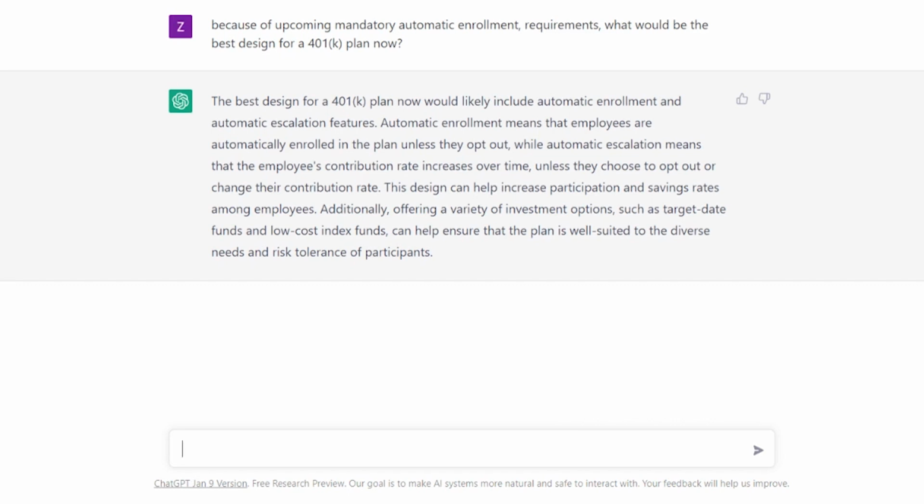Automatic unless they choose to opt out or change the contribution rate. This design can help increase participation and savings rates among employees. Additionally, offering a variety of investment options such as target date funds and low-cost index funds can help ensure that the plan is well suited to the diverse needs and risk tolerance of participants.